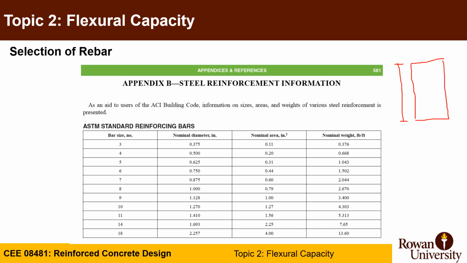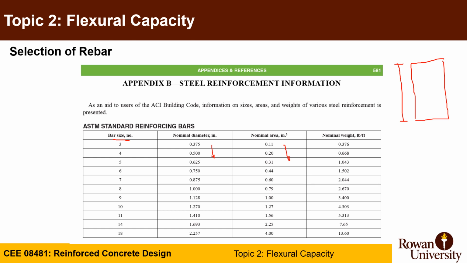This slide is showing you the bar sizes. So you have bar sizes from 3 up to 18, and the second column provides you the nominal diameter, and the third column provides you the nominal area.